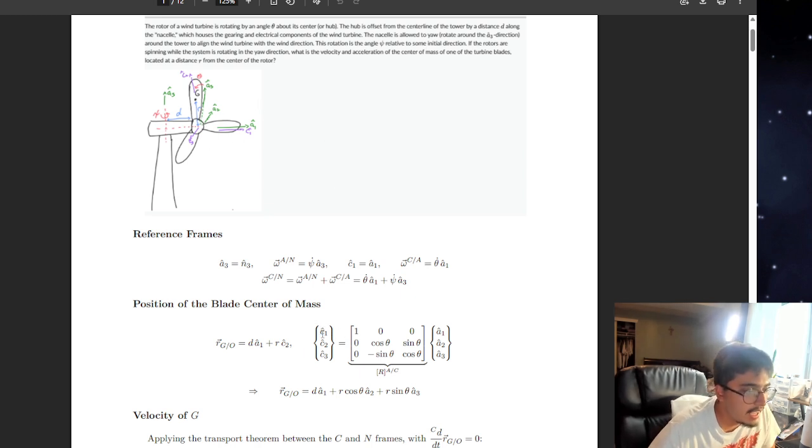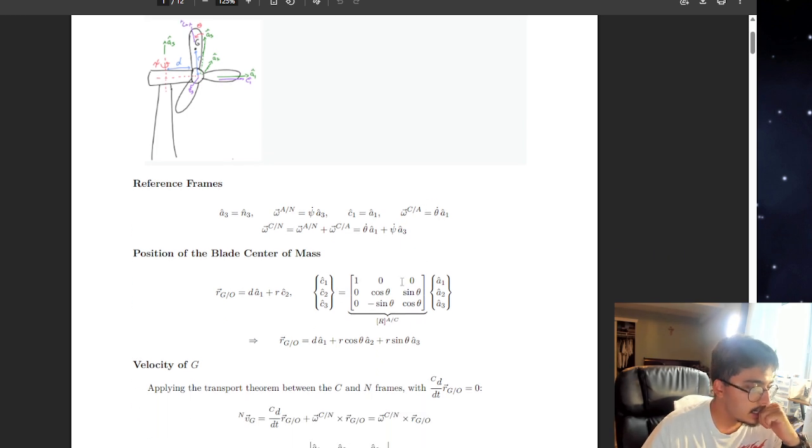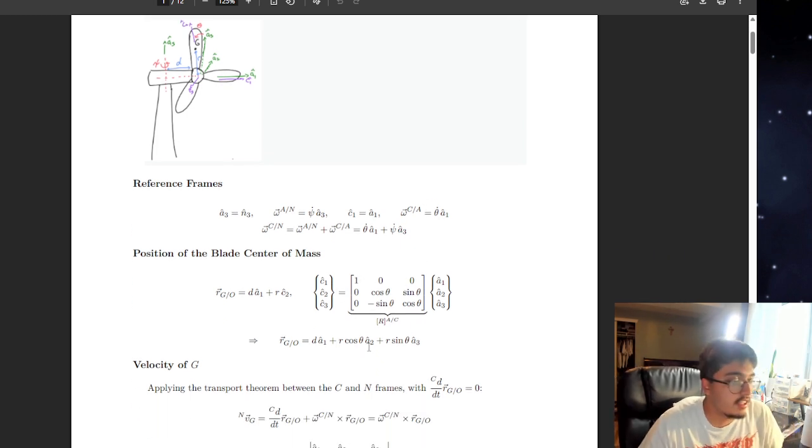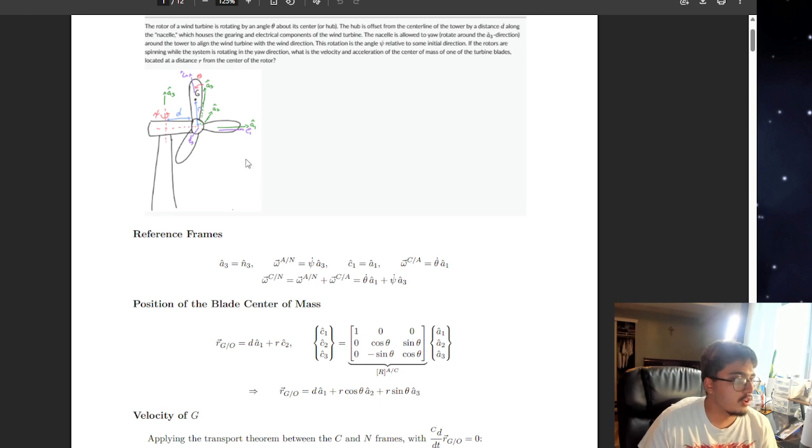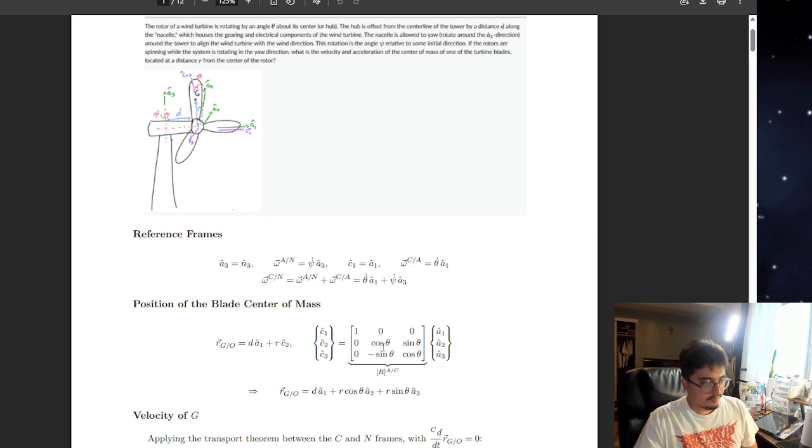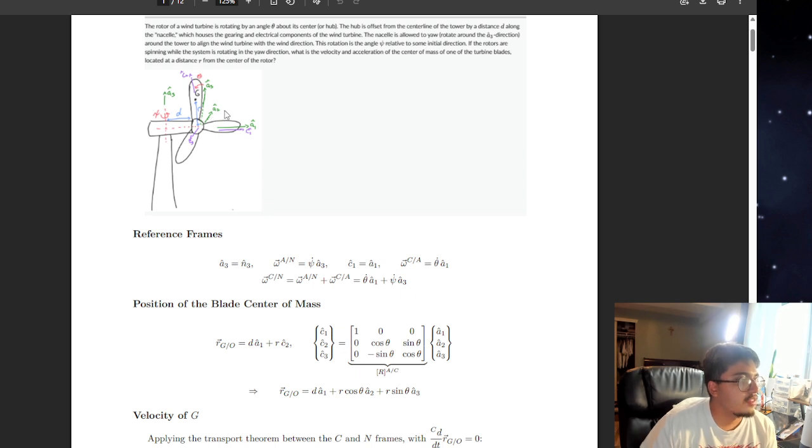Then I went ahead and calculated the rotation matrix to get from A to C, to be able to put all of the C vectors in their A components. The way I did that was first, I made note of that C1, A1 relationship where they're fixed, so this is just a 1 0 0. Then you just have A3 and A2, and you're trying to match this up to C2 and C3.